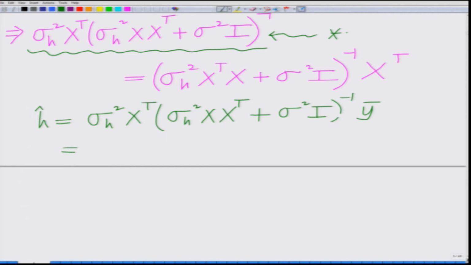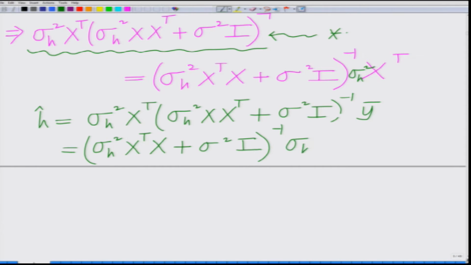I can equivalently write this as, now replacing star by sigma h square times (x transpose x plus sigma square identity) inverse, times, of course I am missing a sigma h square here because I am multiplying both sides by sigma h square. Sigma h square is a scalar quantity, so I can multiply it anywhere.